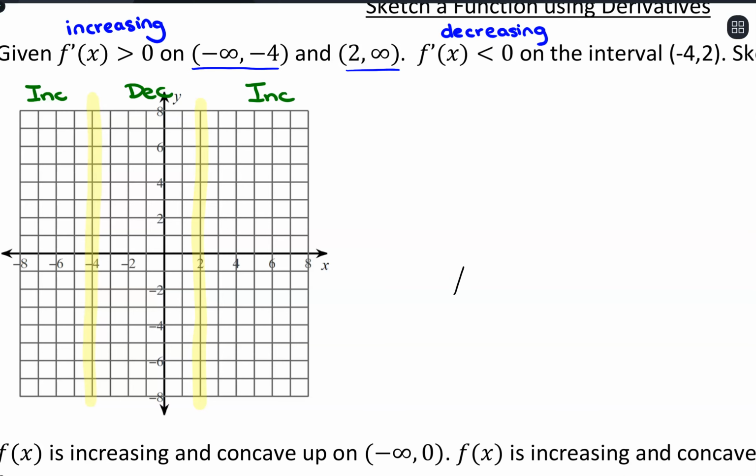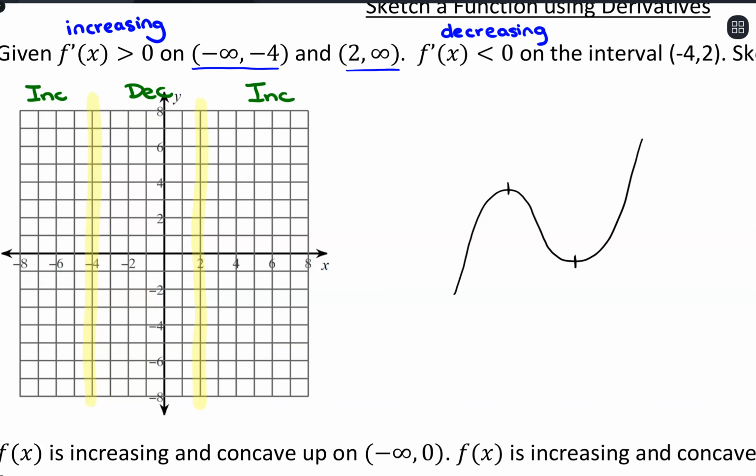So increasing, changing to decreasing, changing to increasing. All right, so I want something that looks like that. So it looks like I'll have a relative maximum and relative minimum. And with that, these turning points should be happening at basically what I highlighted. So at that negative 4 and positive 2, that's where we're switching trends.